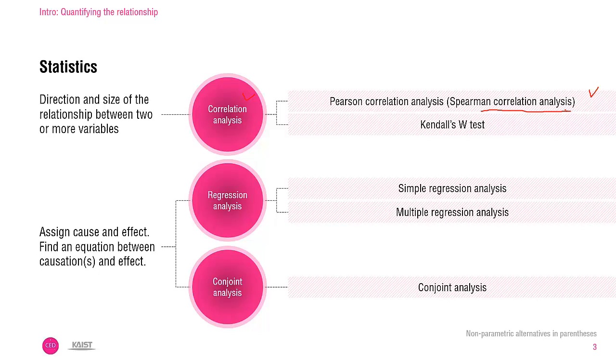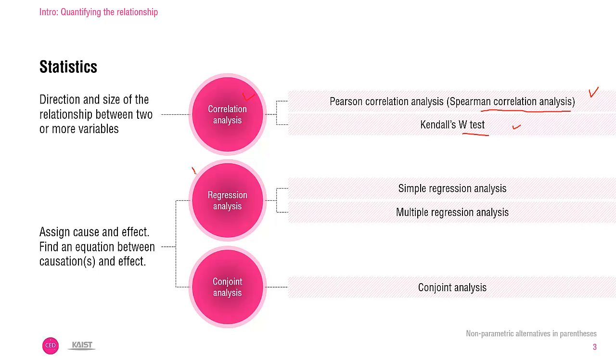In addition, when we need to estimate the relationship among more than 2 variables, we can use the Kendall's W test. This test provides less accurate data, but it is quite useful to catch a big trend. In design study, the Kendall's W test is quite practical.